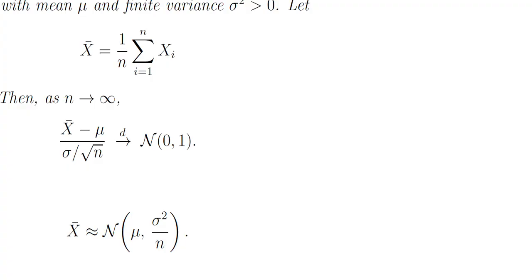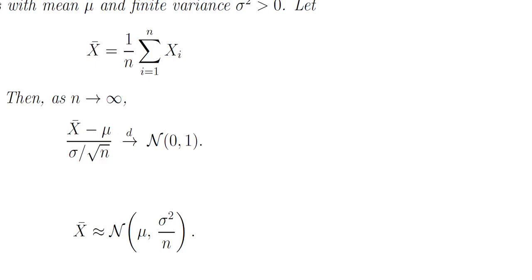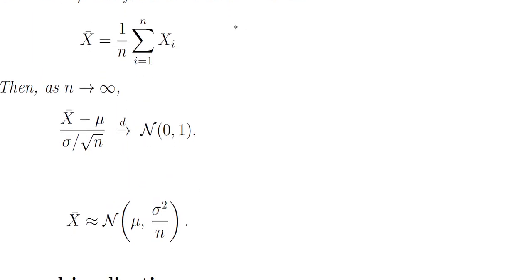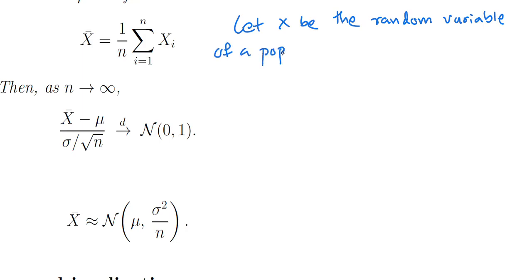Let's see what we discussed last time. If we have a population of interest and we know it's normally distributed, let X be the random variable of a population of interest.